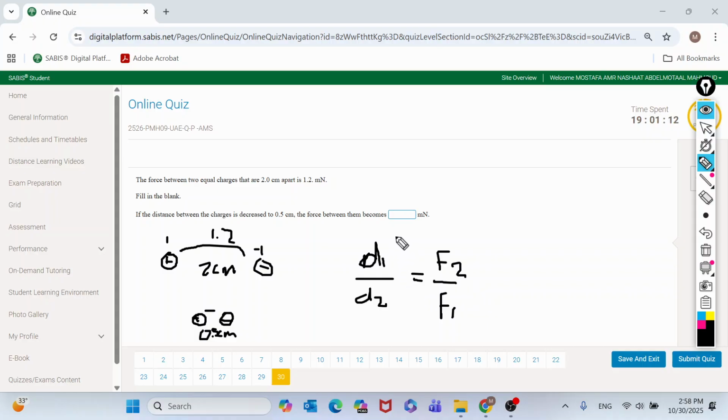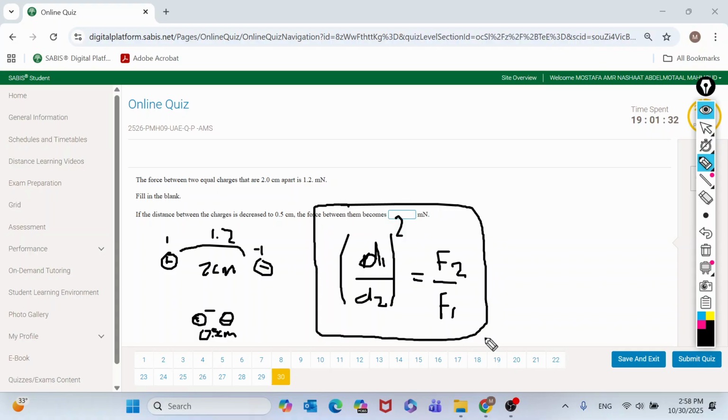You actually need to square this. You can either square the distance or square root the force. So this is the formula: D1 over D2 squared, the whole thing, equals F2 over F1. Be careful, guys. D1 is not F1. If you put D1 here, then they're the opposite.